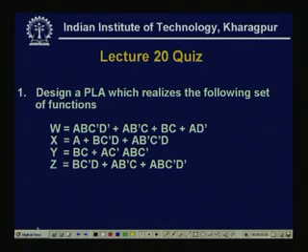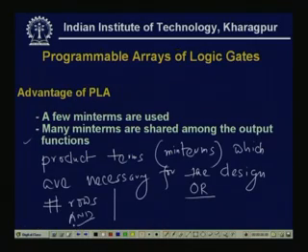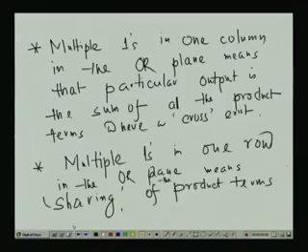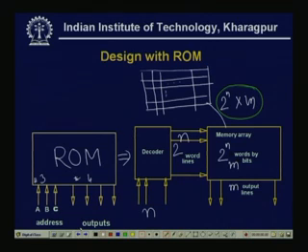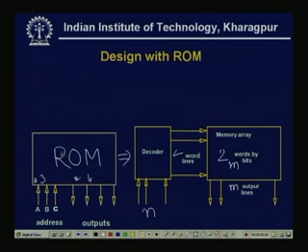About the ROM size, we have seen that for n address lines, the decoder will be an n to 2 to the power n decoder. So what will be the ROM size?